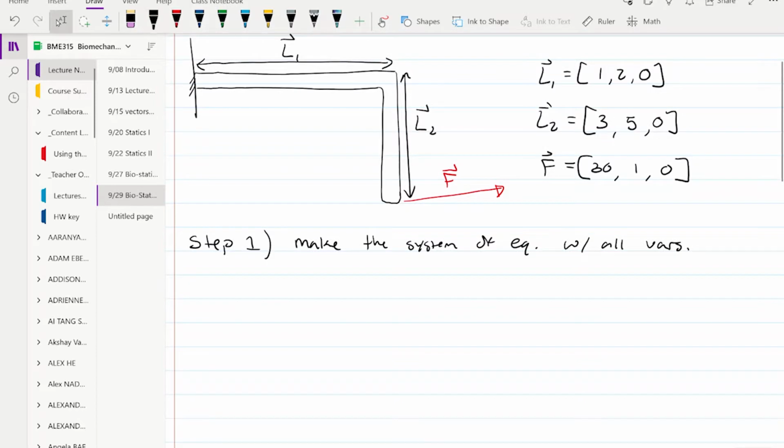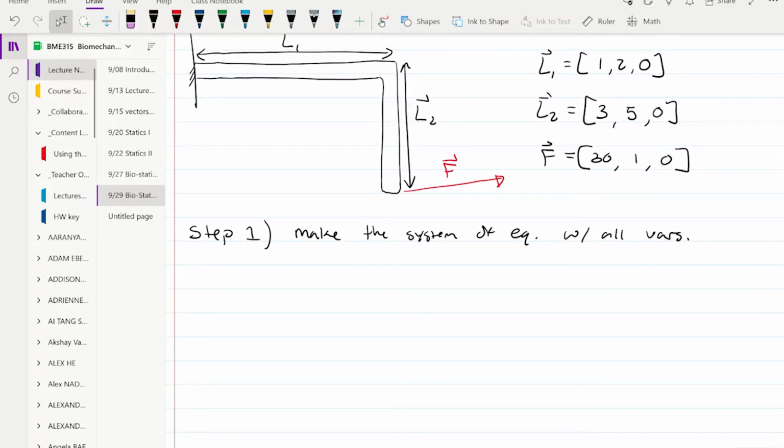Okay. So we need to take all of the stuff that was given about this problem, and we need to make variables for each one of these vectors, each one needs to get a variable associated with its quantity.